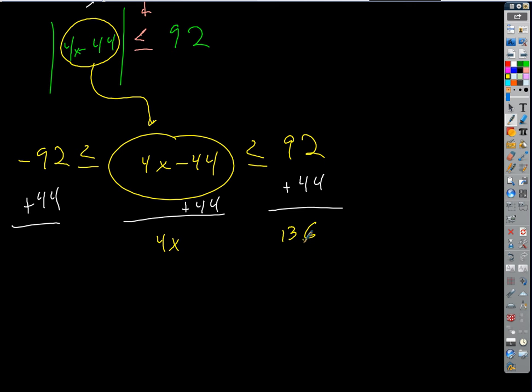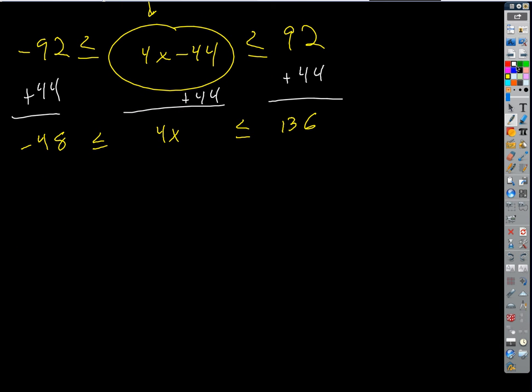Over here, we get a negative 48. Right? Now what? Divide by 4. So we end up finally, our x in the middle, that's what we want. We get a negative 12 and we get a positive 36.